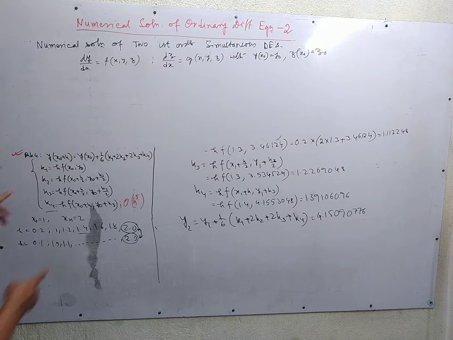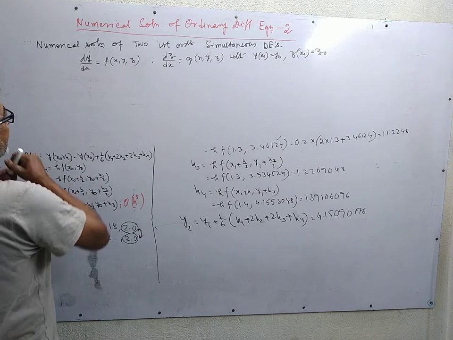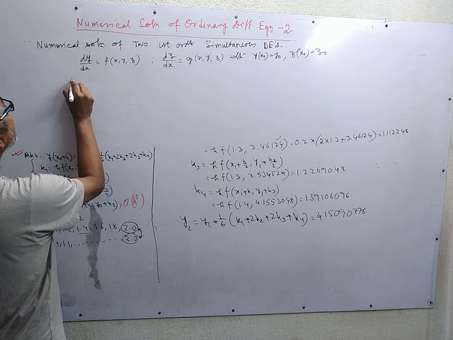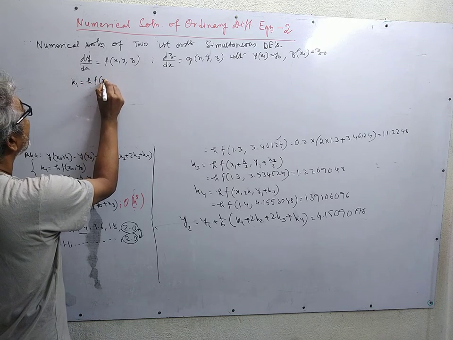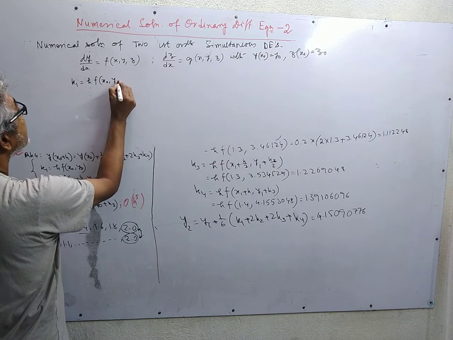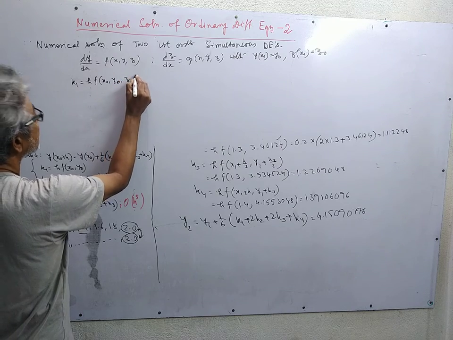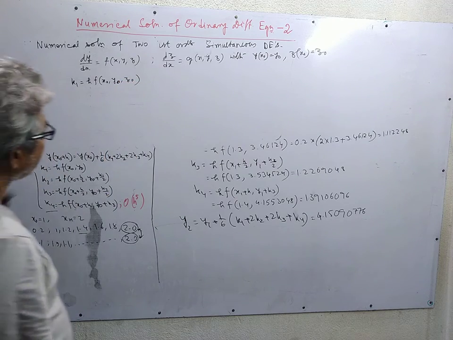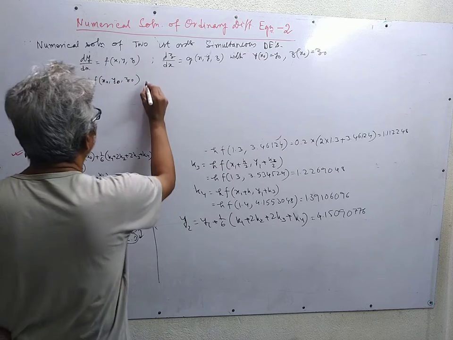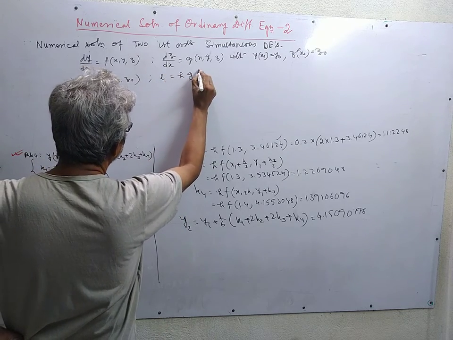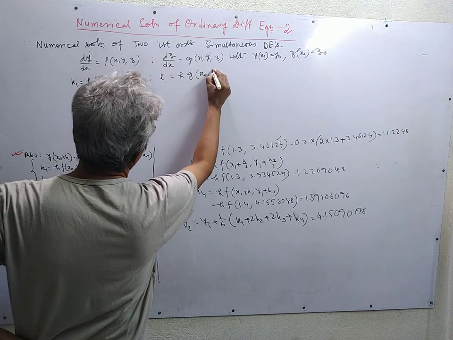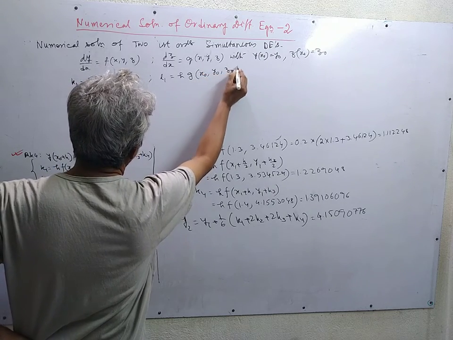So we first redefine k1 is h f of x0, y0, z0. Correspondingly, here we define L1 is equal to h g of x0, y0, z0.